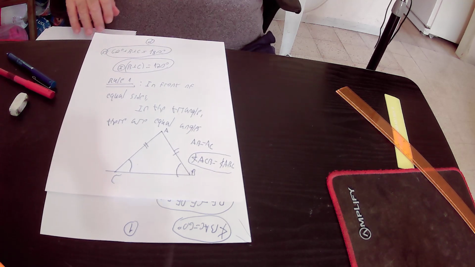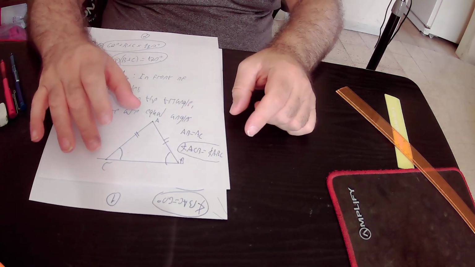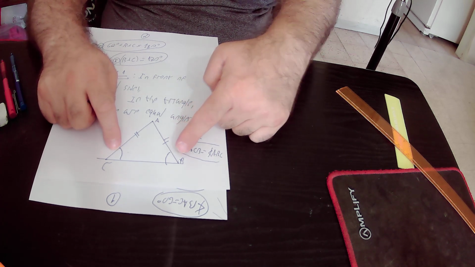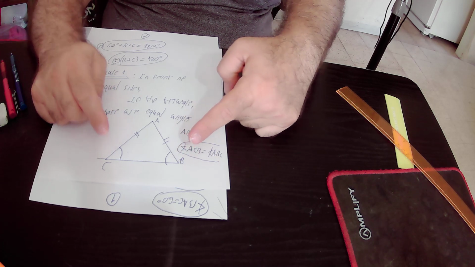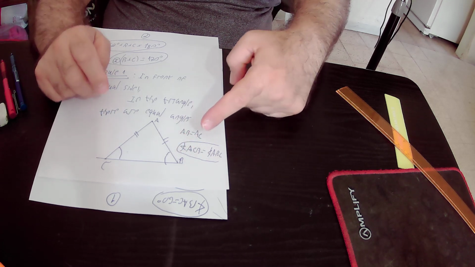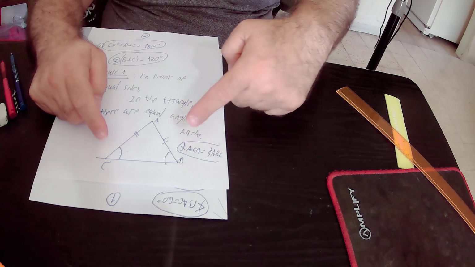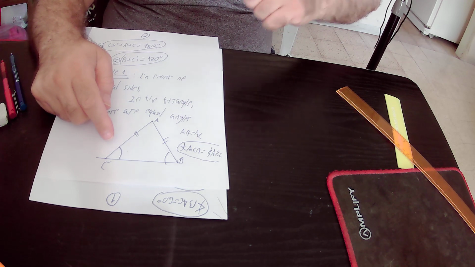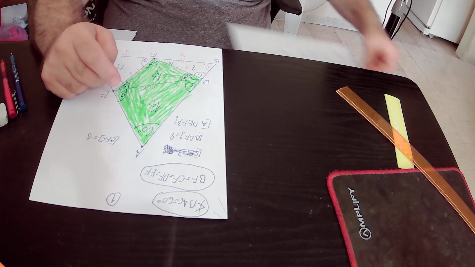So if in triangle ABC side AB equals side AC, then those two angles must also be equal to each other because they are located in front of equal sides. So according to rule number 1, angle ACB equals angle ABC because those two angles are located in front of equal sides in the triangle. So that is rule number 1.